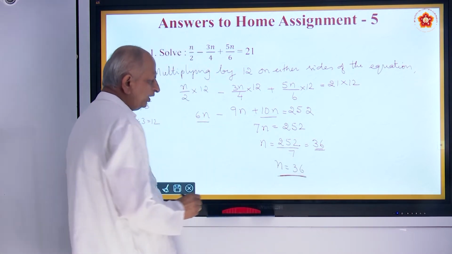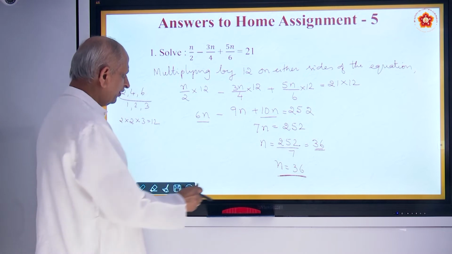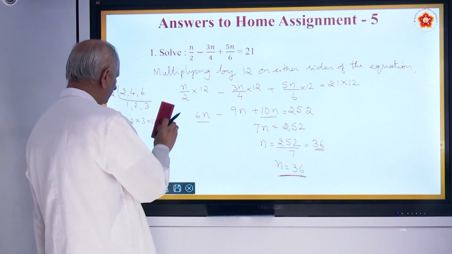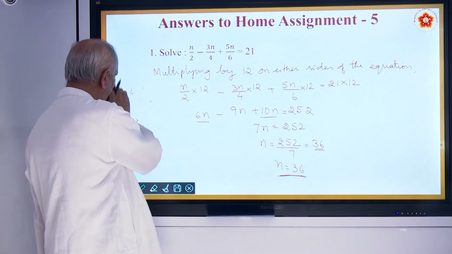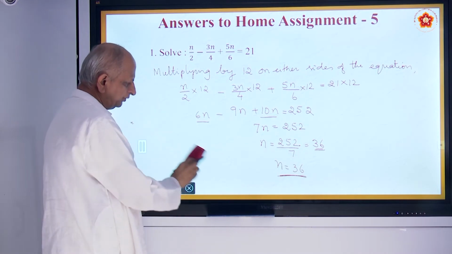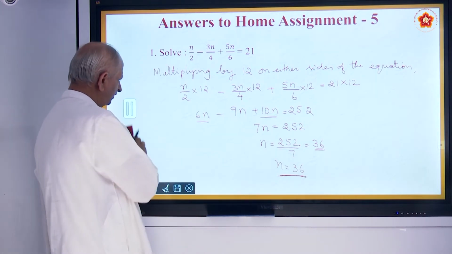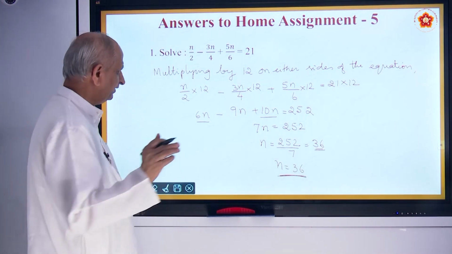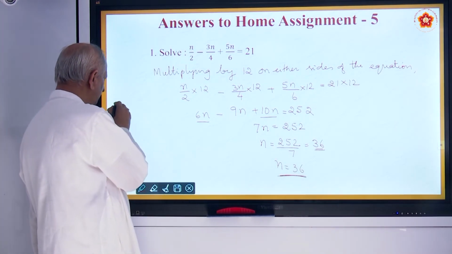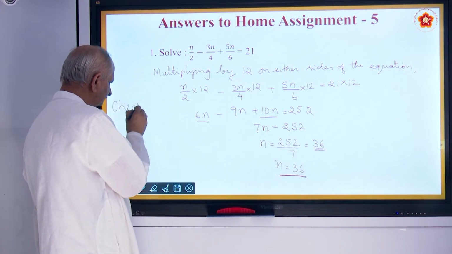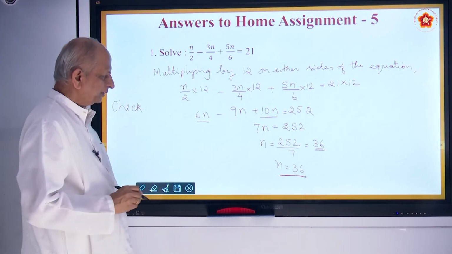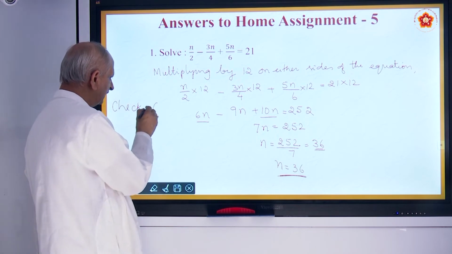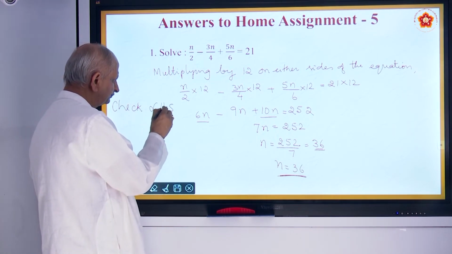So for this value of n the equation holds good, and this can be verified also. It is called checking. How to do that? Take the left hand side first.